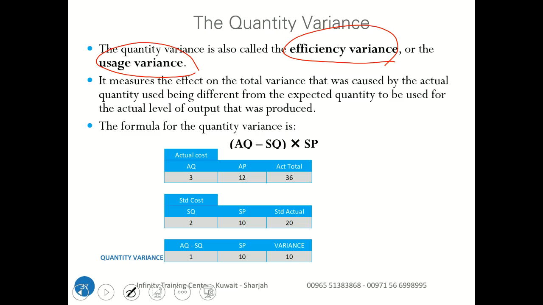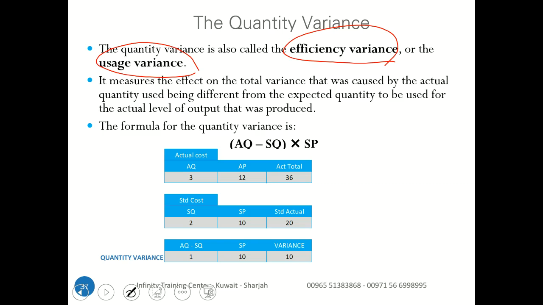This is measuring how much of the variance is caused by the actual quantity being different from the standard quantity. So what difference in cost is happening because the quantity used is more.